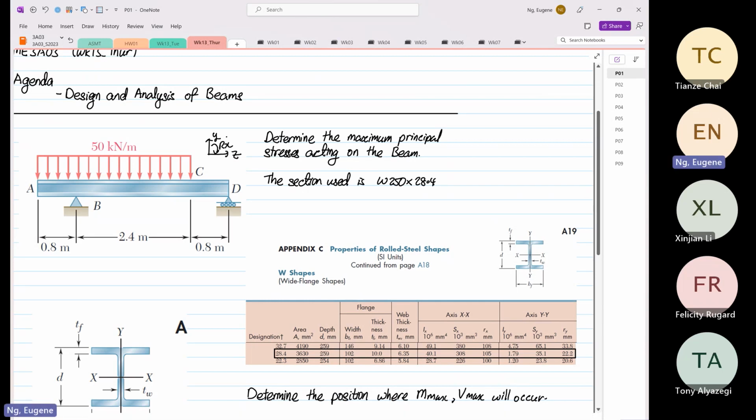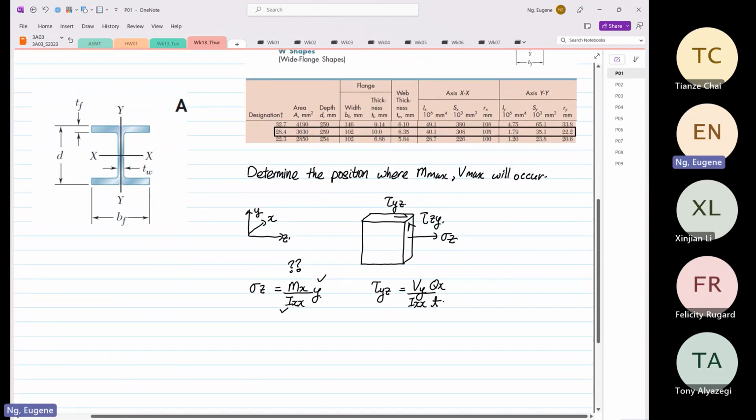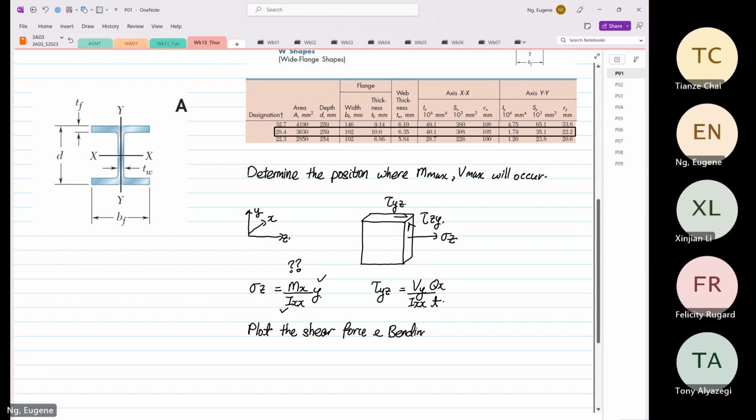Okay, so to solve this, we have to plot the shear force and bending moment diagram.